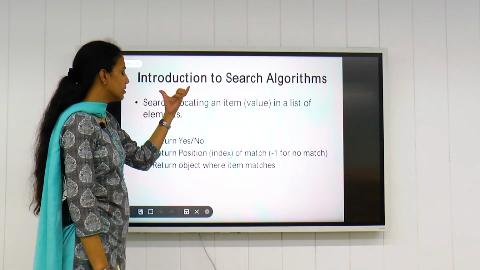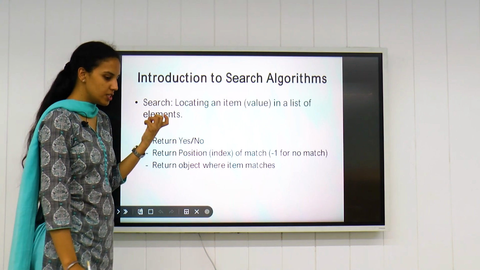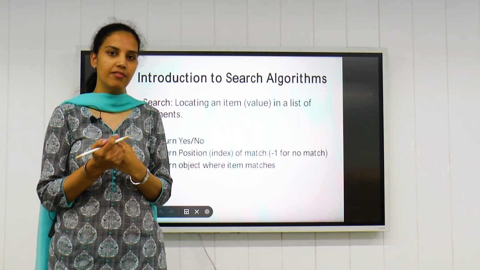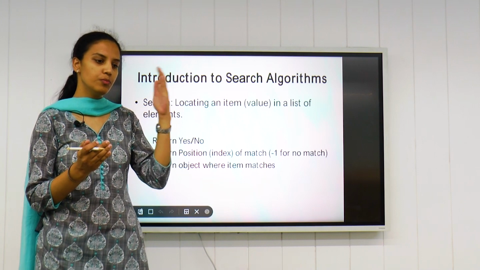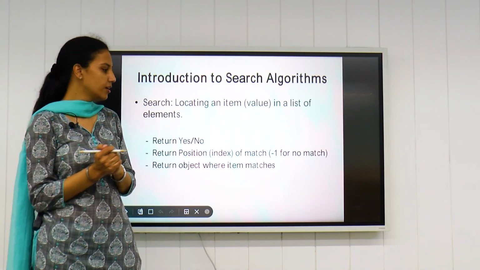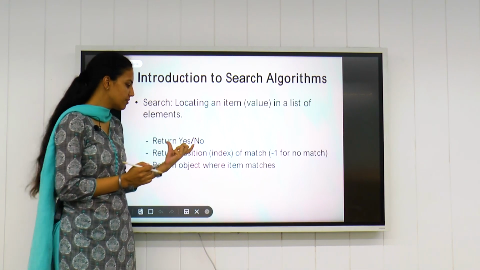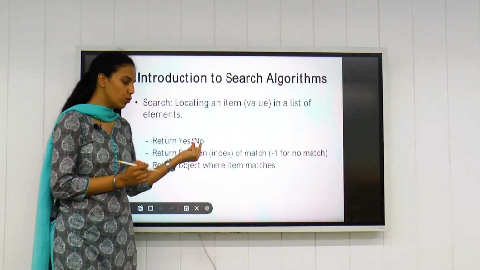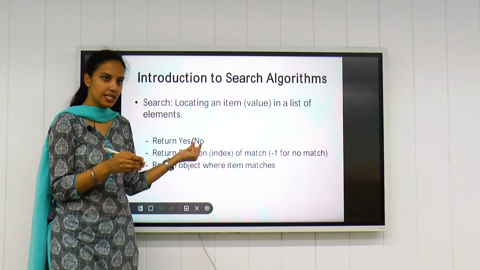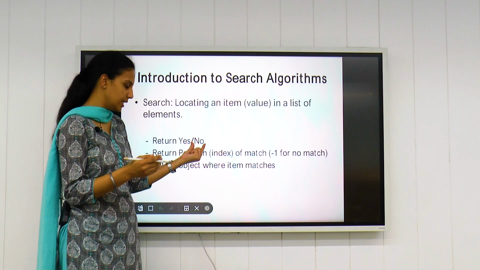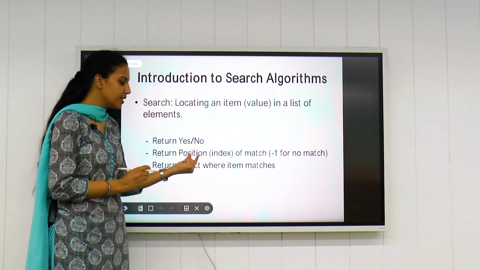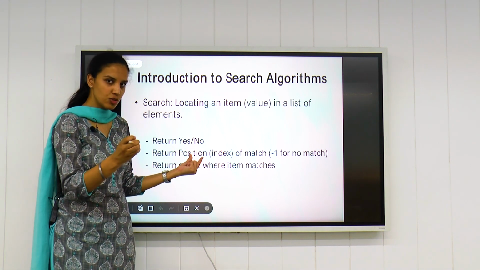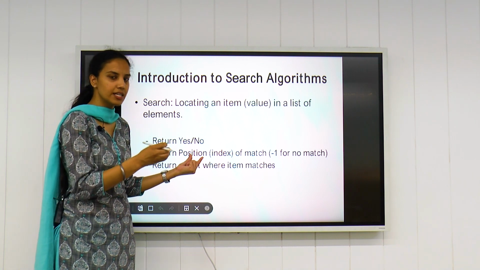Next, the introduction of searching algorithm states that after the program is successfully run, we get three outputs. First, we'll get either yes or no, that means the element exists in the list or it does not exist in the list. Second output is the position, the specific index of the element that exists in that list.